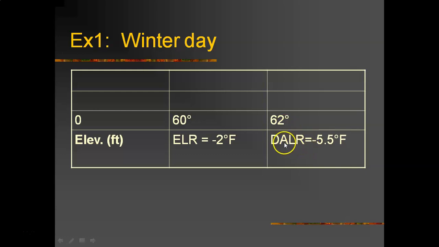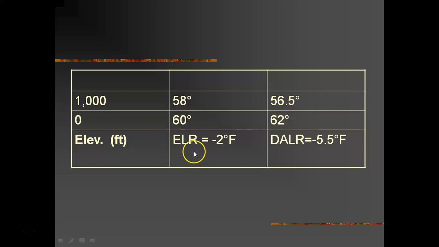It's going to lift off at the dry rate, which is a standard worldwide rate of 5.5 degrees temperature decline for every 1,000 feet. So what we're going to do now is move up 1,000 feet, and compare the temperature in the troposphere at 1,000 feet and the temperature in the rising bubble of air.